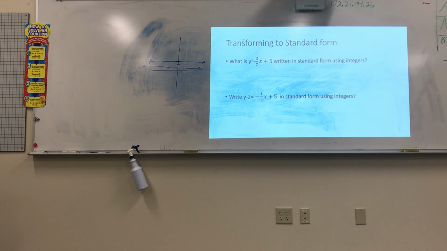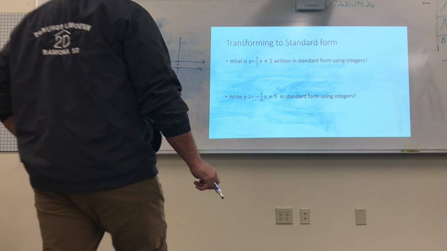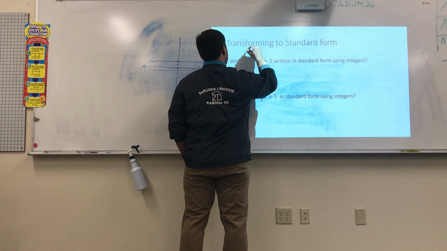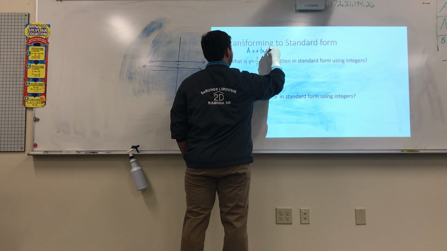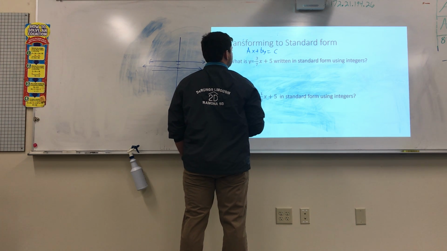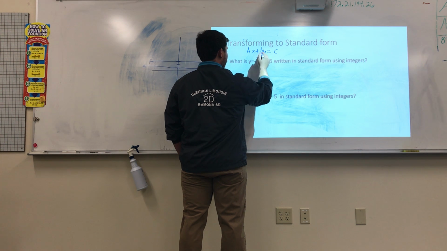Transformation to standard form. How can we write this in standard form using integers? Integers means we don't want fractions. Okay? So, first thing that I'm going to do, standard form is ax plus by equals c. So I need to get it to look like that.